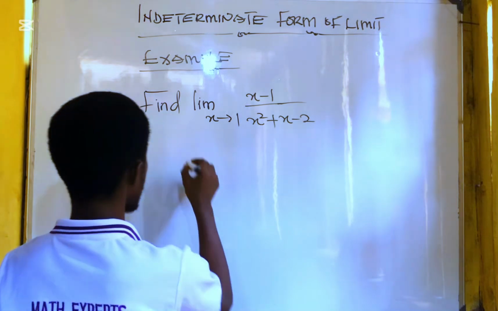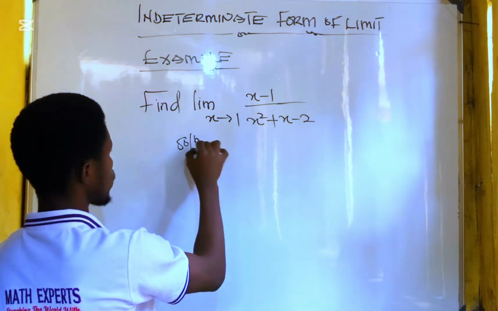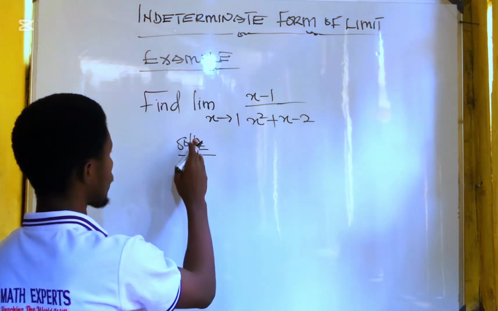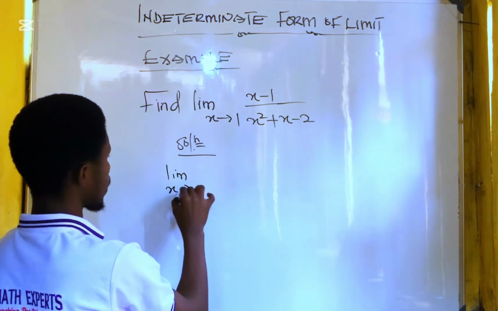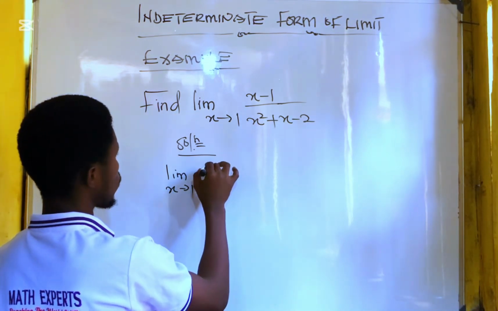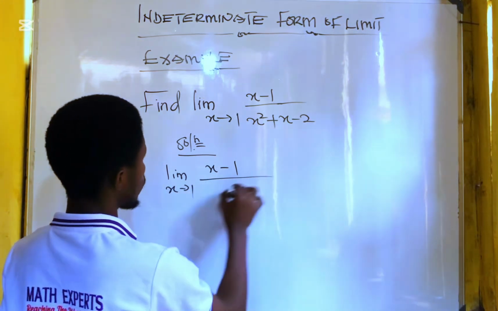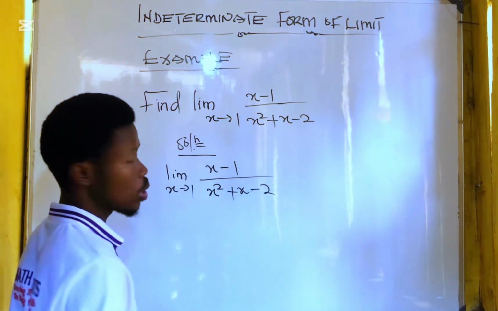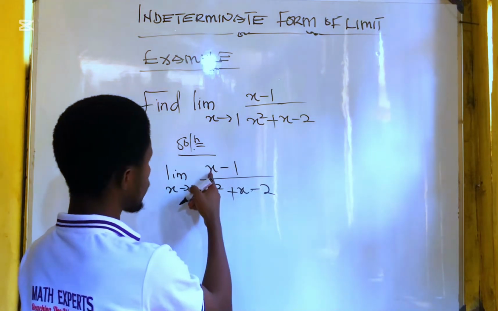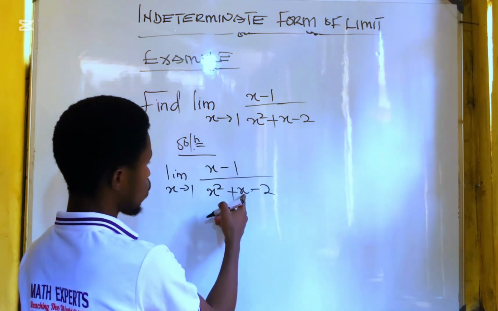So in doing so, first one, the limit as x approaches 1 of x minus 1 all divided by x squared plus x minus 2. Now here, I will put 1 here, 1 there, and 1 there.